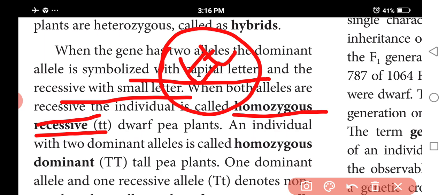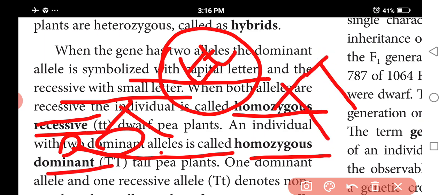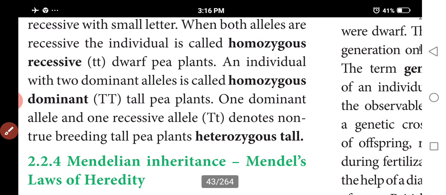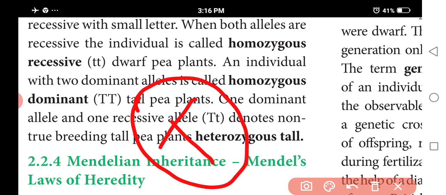Individuals with two dominant alleles, capital T, capital T, are homozygous dominant. One dominant and one recessive allele is heterozygous tall: one capital T and one small t.